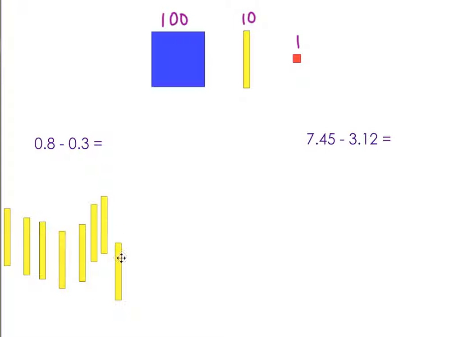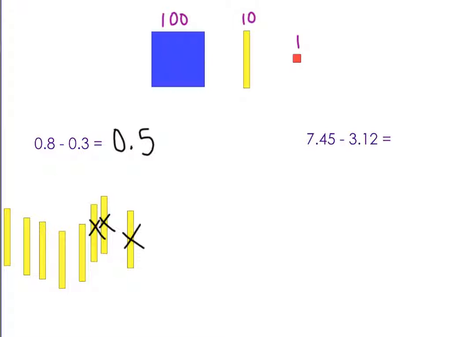Okay, so we have 8 of these here. Now what we need to do is take 3 tenths away. So I'm just going to basically cross them off so that they're not counted. 1 of those, 2 tenths, and 3 tenths. So what's left over is 1, 2, 3, 4, 5 tenths. So 8 tenths subtract 3 tenths is 5 tenths, or 0.5.